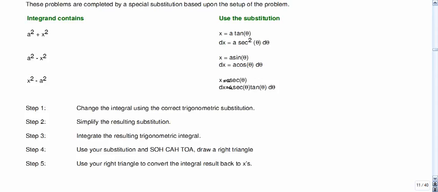To go back to x's from the thetas, we're going to use our substitution and right triangle trigonometry, SOHCAHTOA, to draw a right triangle. We will then, as step 5, use our right triangle to convert the result of the integral back into x's.